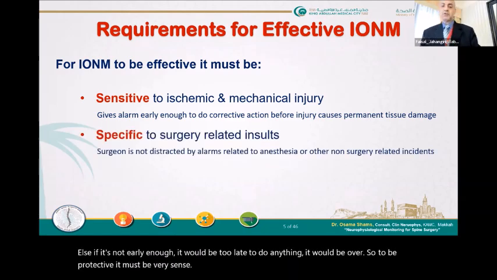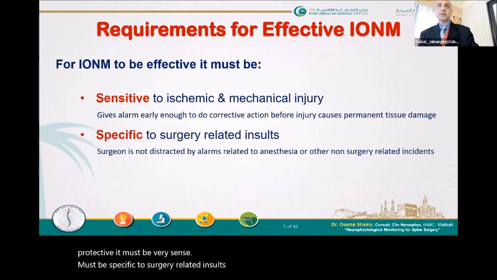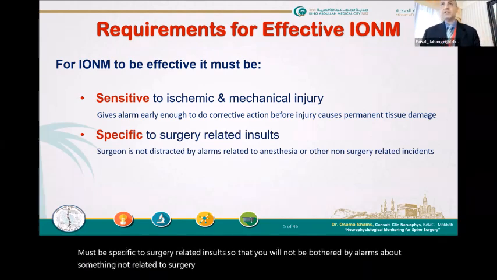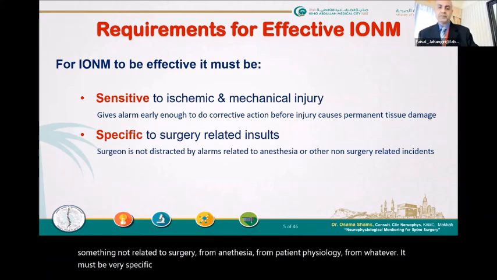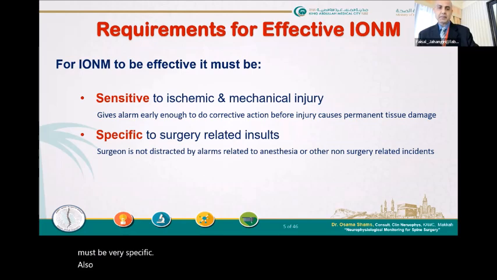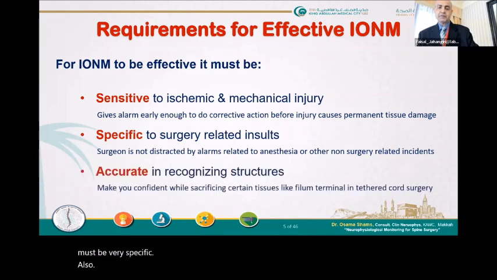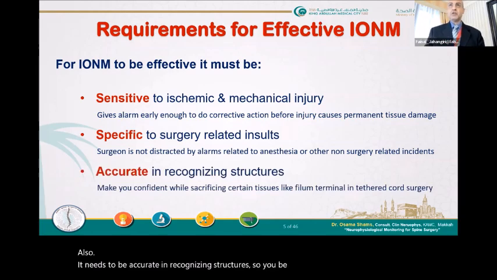It must be specific to surgery-related insults so that you will not be bothered by alarms about something not related to surgery, from anesthesia, from patient physiology, from whatever. It must be very specific. Also, it needs to be accurate in recognizing structures, so you'll be confident when you sacrifice the filum terminale that it's the filum terminale.